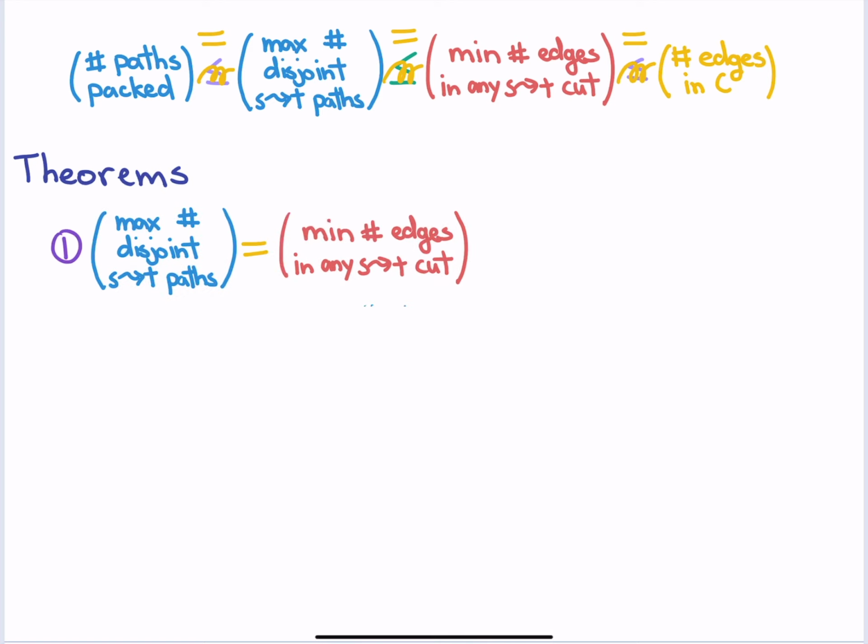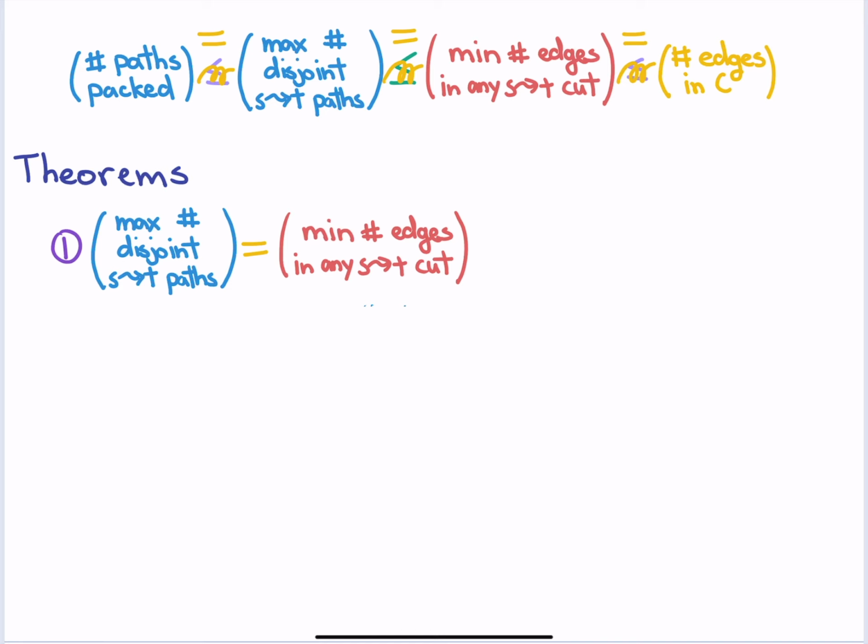So the first one has nothing to do with the algorithm. Just in general, in any S-T setup, this is like a graph structure observation. The maximum number of edge disjoint S-T paths is equal to the size of the minimum S-T cut. That's just true of any graph with S and T, independent of the algorithm. In fact, we'll develop more algorithms in coming lectures which have different properties.